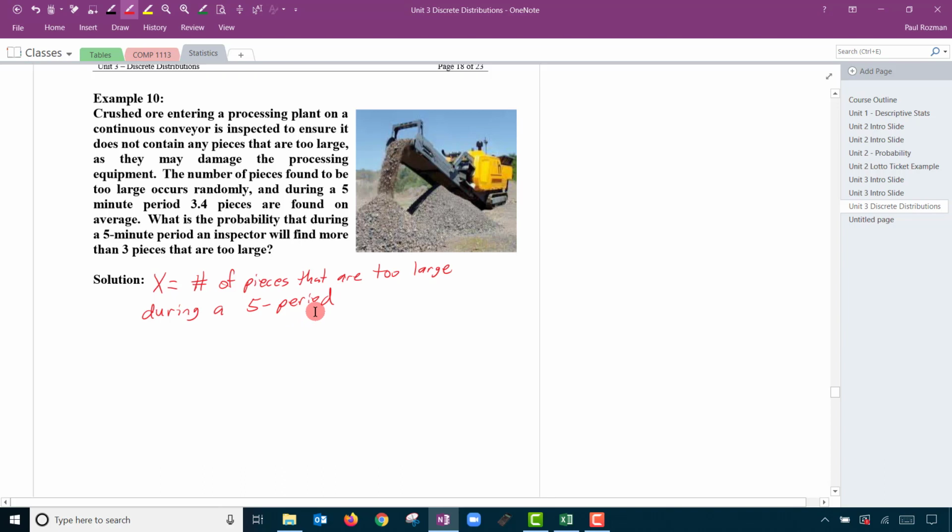Rather than looking at a fixed number of pieces, we're going to look at basically time with our interval here. The average, I guess, the mean, is lambda, which is 3.4 pieces per 5 minutes.